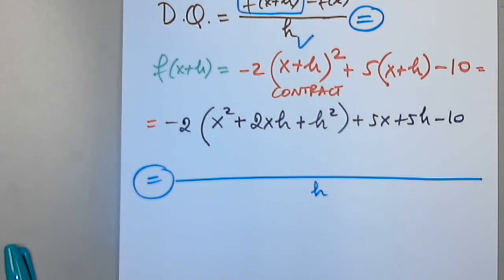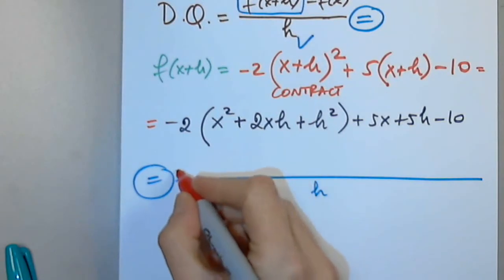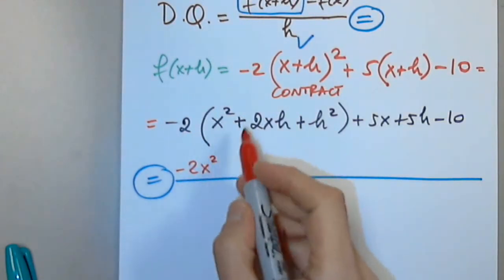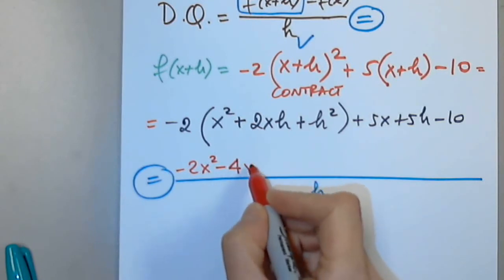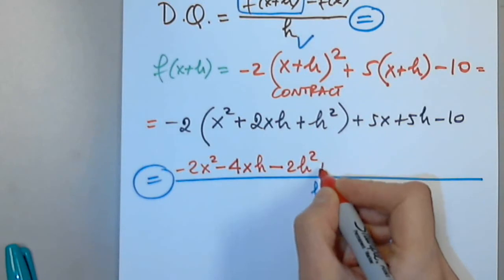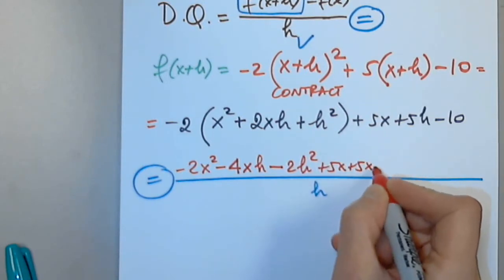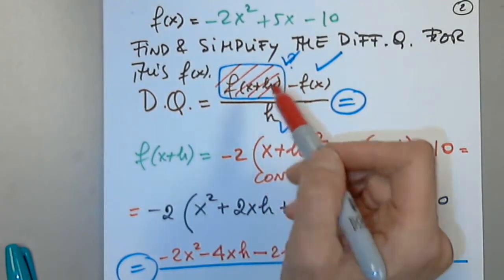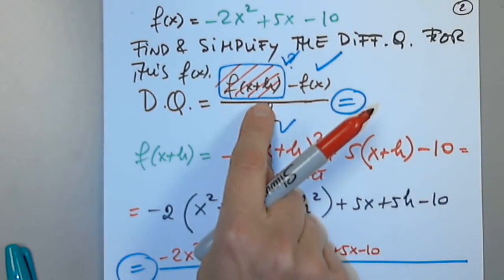Can anyone dictate the first piece that I have to put in? Minus 2x squared. Now I will distribute. You're right. Negative 2x squared, I should have written it one more time. Sorry about that. Minus 4x each. Minus 2h squared. So I only finished with this piece.